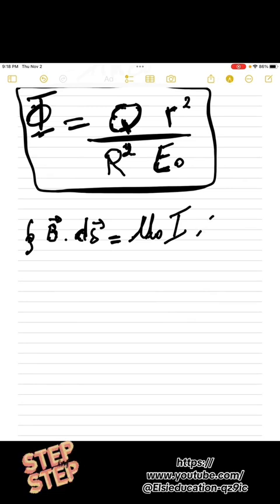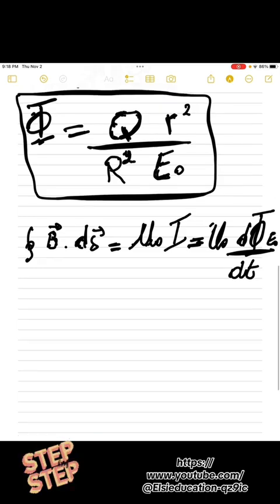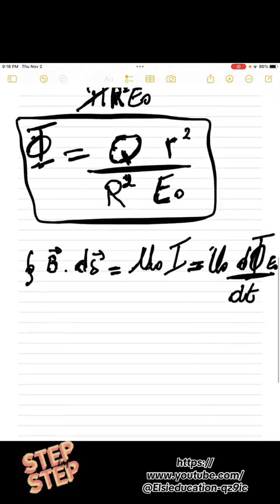Here the current is going to be equal to the derivative of the electric flux divided by the derivative of time, and don't forget this is multiplied by the constant of the electric field.